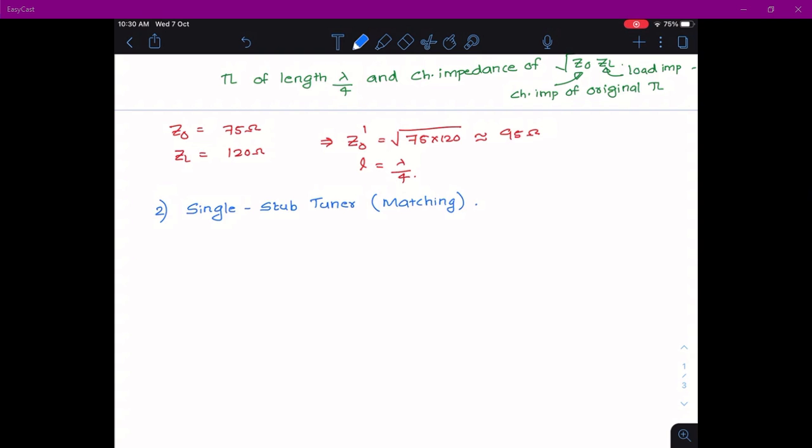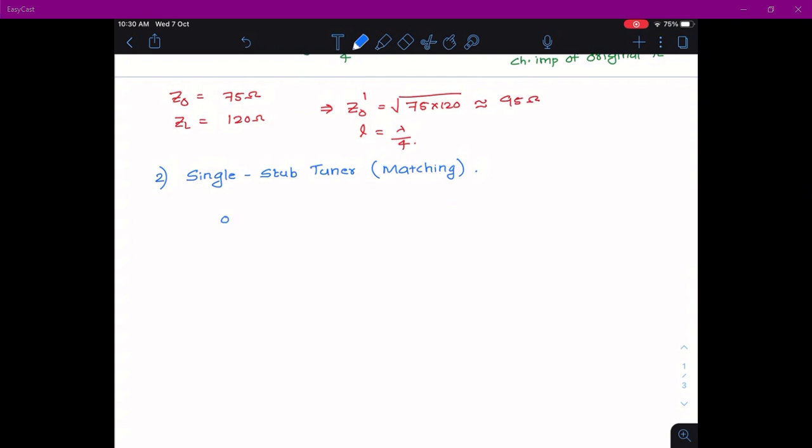A stub is something you connect in parallel. So this is the transmission line, and you have some generator here, and it is connected to some load.